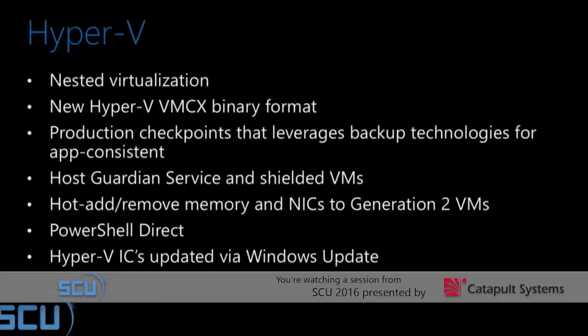PowerShell Direct. You might say, well, what's this? I can now, from the host, directly interface with a virtual machine with PowerShell, even if networking's not working. So something really bad has happened to the VM. Networking's down, the host can't get to it. PowerShell Direct is basically using the VM bus to talk to the virtual machine.